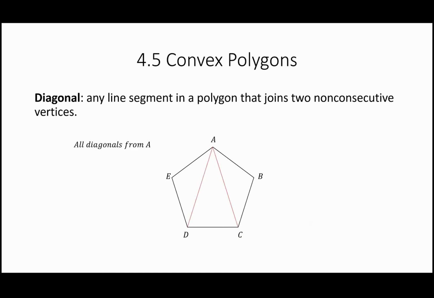What would it look like to draw all the diagonals from vertex A? Well, you only have 2 of them here, because the only 2 non-consecutive vertices in relation to vertex A would be D and C. So these red lines are the only 2 diagonals you can draw from vertex A. Now, what if you wanted to draw all possible diagonals from all other vertices?